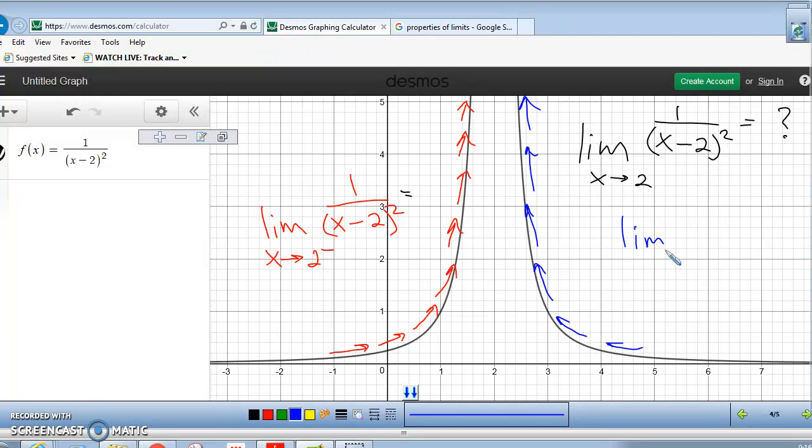Okay, so this is the limit of 1 over x minus 2 squared as x approaches 2 from the positive side.